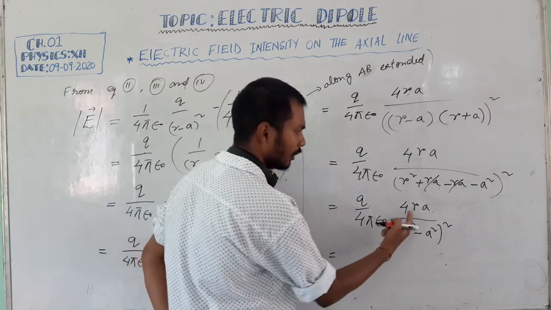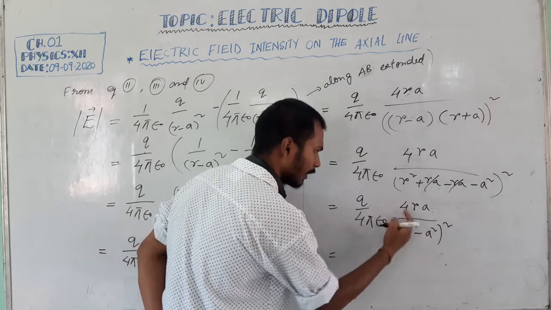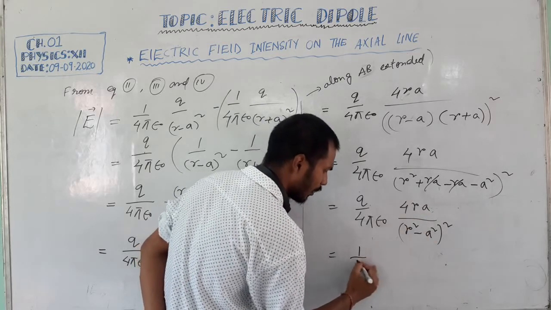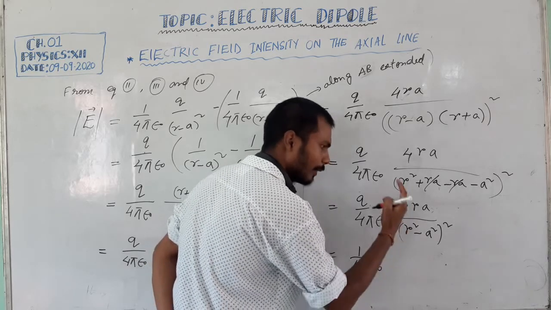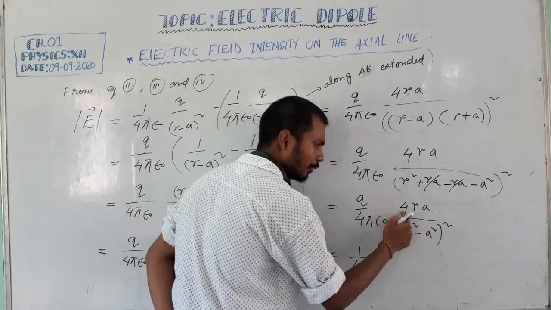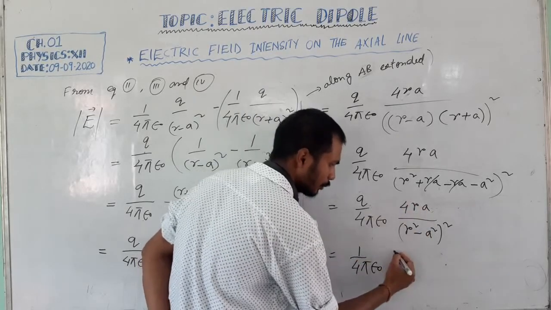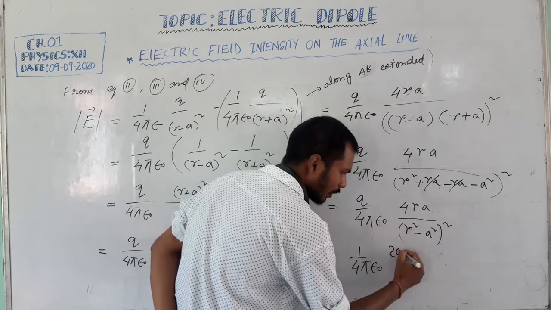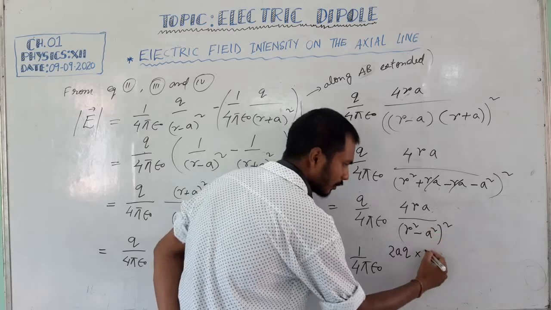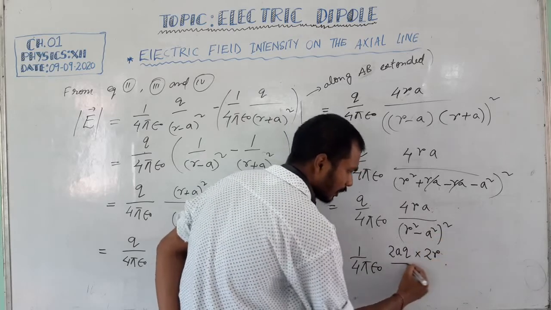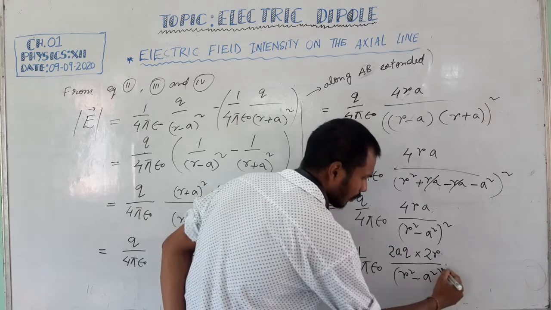Now next, we will split this. So we can write 1 by 4 pi epsilon naught. We take the 2 of 2 r a with a, the 2 with the charge, so we will write 2 a q into what is remaining, 2r, divided by (r square minus a square) whole square.